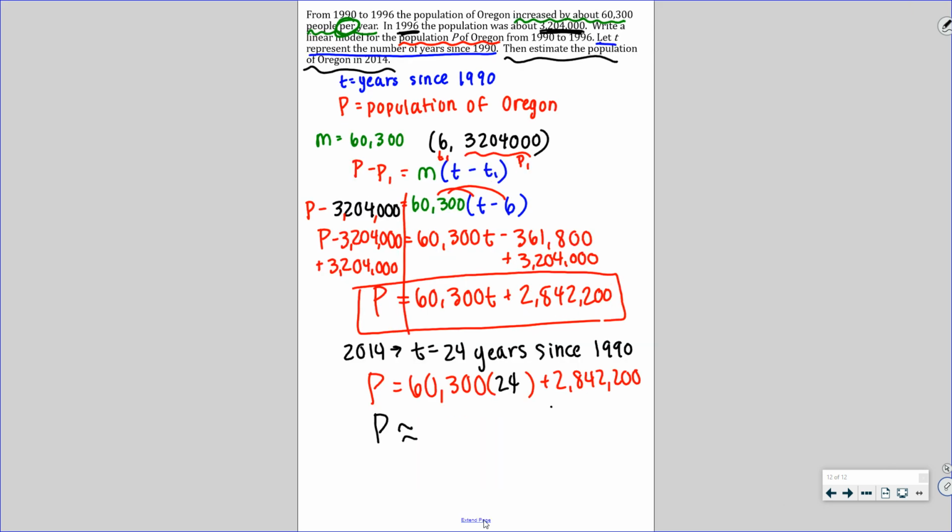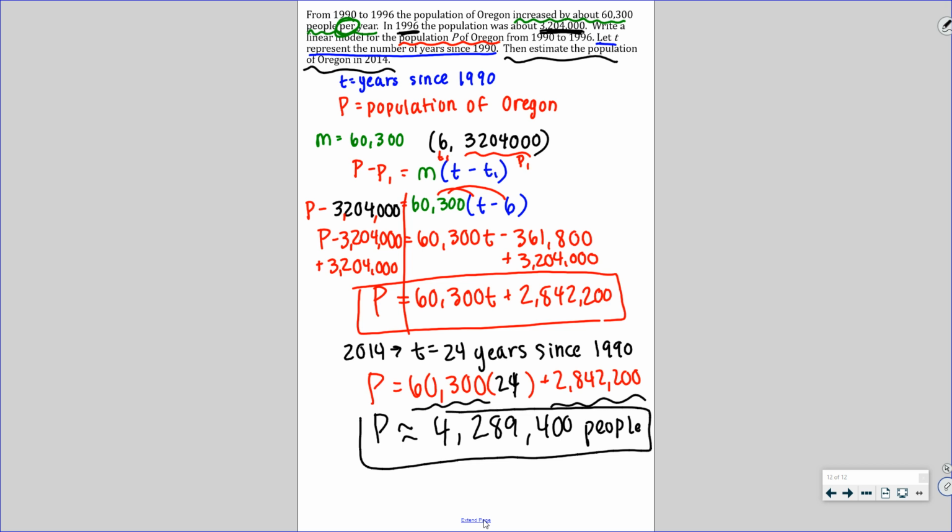We're taking what our population was in 1990 originally. Then we're adding the rate of change of what it's increasing by each year. So over the next 24 years, to get to 2014, it's growing 60,300 a year according to our trend here. So our estimation is 4,289,400 people. I got a little sloppy there, sorry. It's hard when I'm all the way zoomed out.